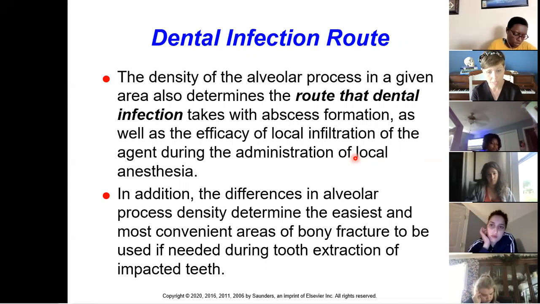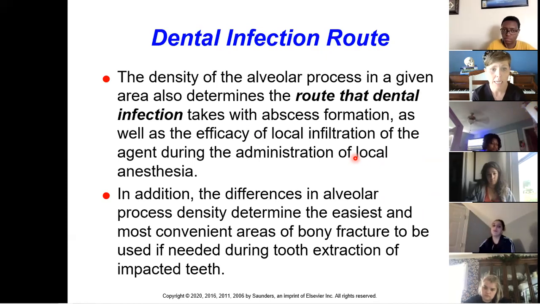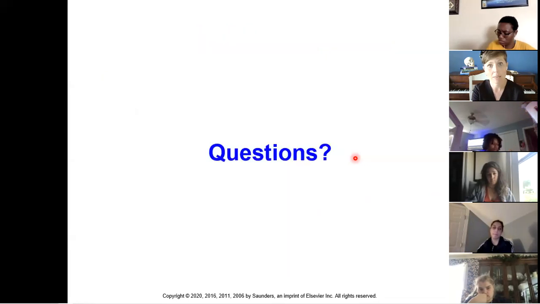You want to get rid of the infection before you give the local anesthetic, because it won't work really well. In addition, the differences in alveolar process density determine the easiest and most convenient areas of bony structures to be used if needed during a tooth extraction or impacted teeth.